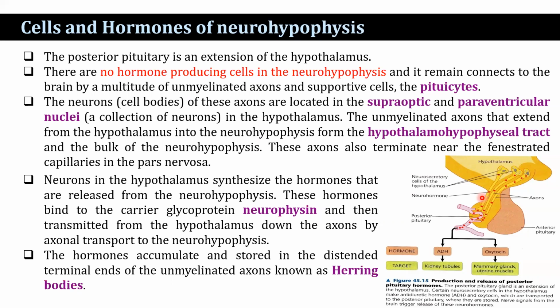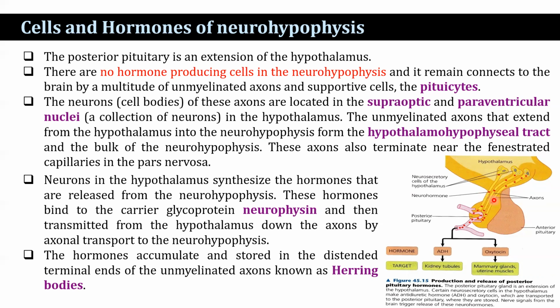The neurons of these axons are located in the supraoptic and paraventricular nuclei in the hypothalamus. The unmyelinated axons that extend from the hypothalamus into the neurohypophysis form the hypothalamo-hypophyseal tract and the bulk of the neurohypophysis. These axons also terminate near the fenestrated capillaries in the pars nervosa.